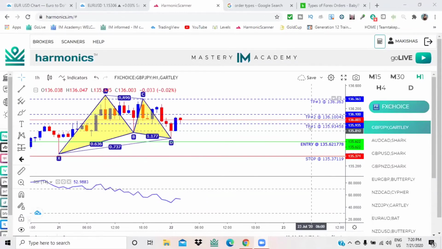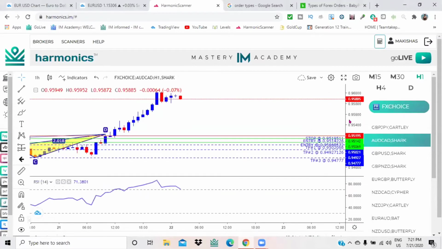Then I'll come up here, depending on what type of order I'm doing. If I'm doing a pending order, I'll put this number. If I'm doing a market execution, all I need is the take profit and the stop loss. Then I just put my trade in and go about my day. This scanner is over 87% accurate. So with you not knowing anything about trading, you can be pretty successful just using the scanner.